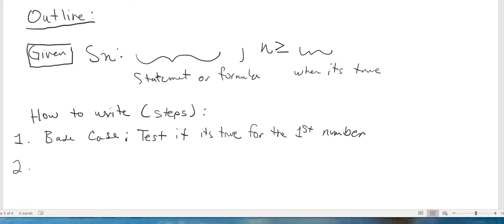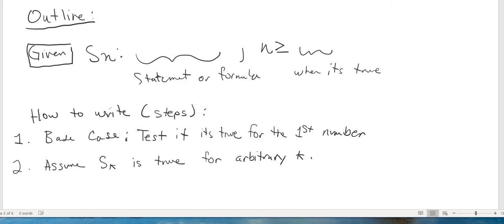Number 2, assume Sk is true for arbitrary k.